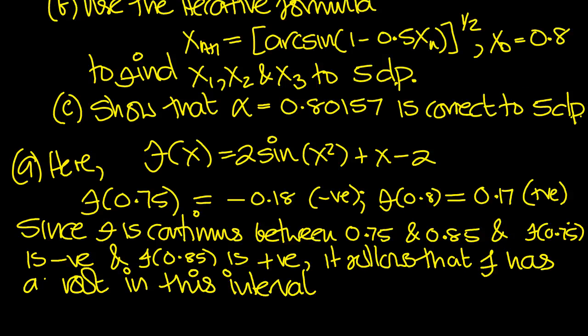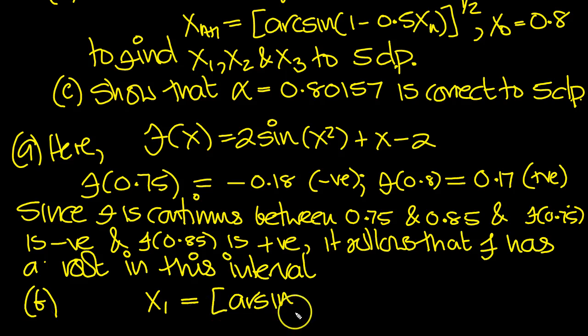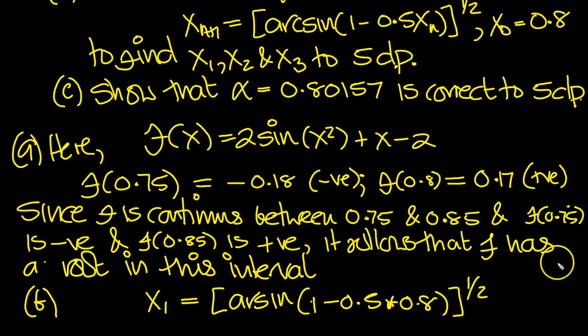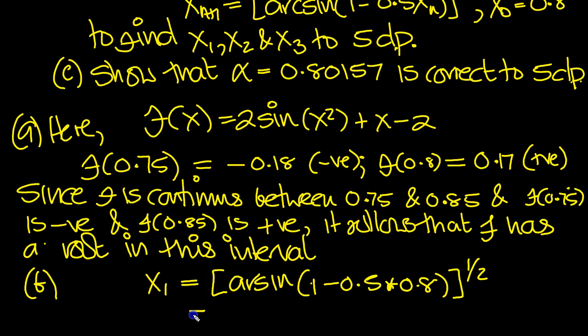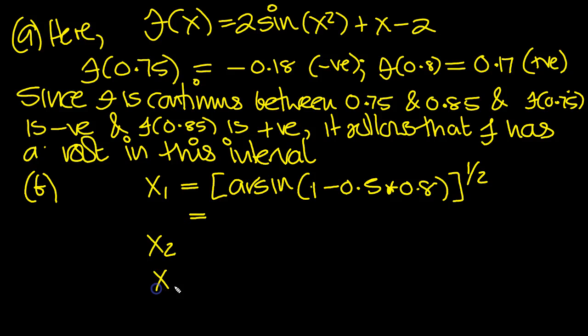So x1 is equal to arc sine of 1 minus 0.5 times 0.8, because that's x0, all to the power half, and that needs to be worked out. And then we need x2 and x3. We need to do all these to 5 dp, so let's use our calculator to do all this work for us.